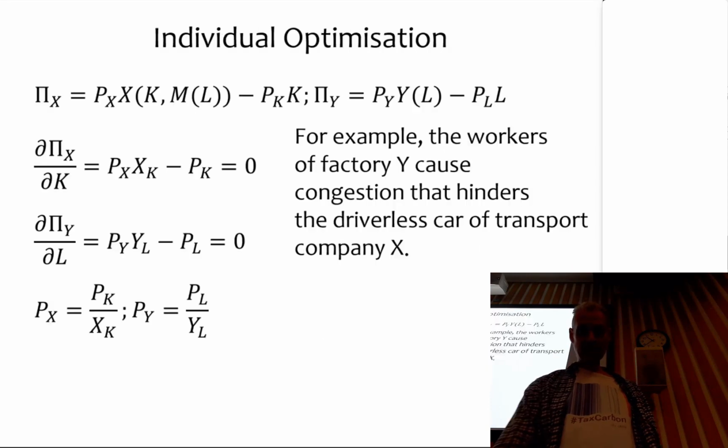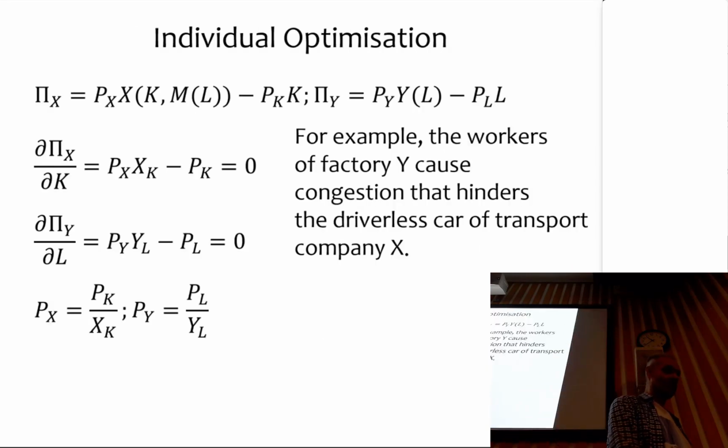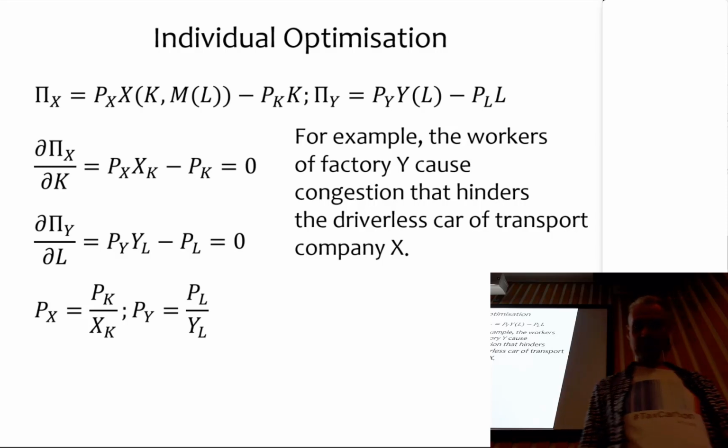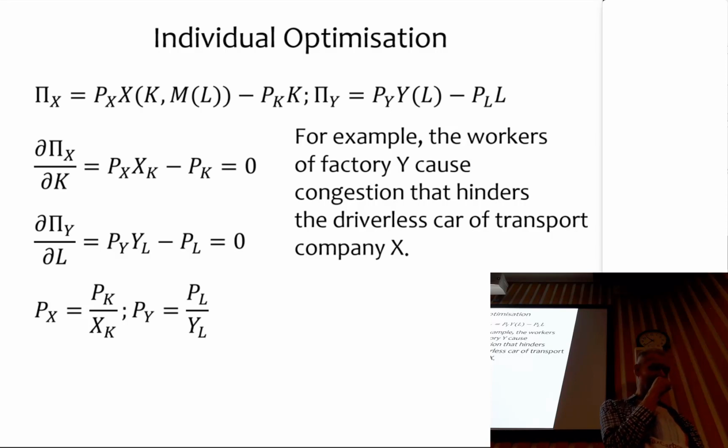So let's look at that again. And this is a silly example, but it's the simplest way to do it. Let's assume that there's two producers, Y and X, and the profit of making Y is what you see there.